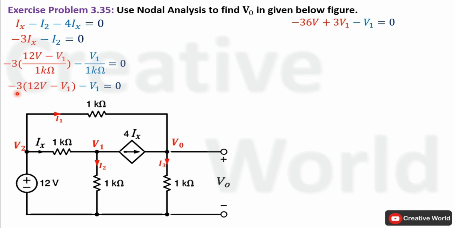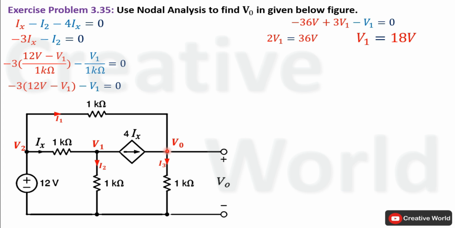Similarly, the product of minus 3 and minus V1 will become plus 3V1. Now add these values together and place minus 36 volt on the other side of the equal sign. In order to find the value of V1, divide on both sides with 2, so the value of V1 will become 18 volt.